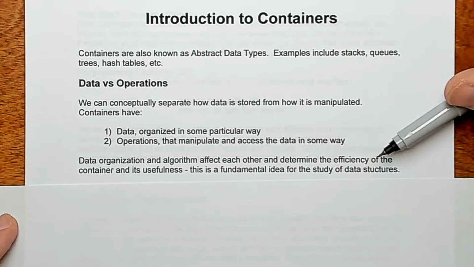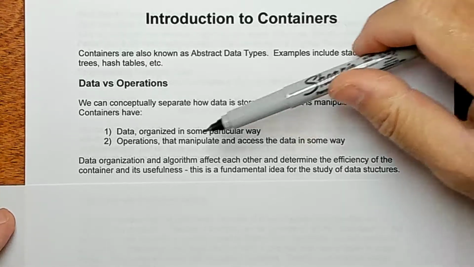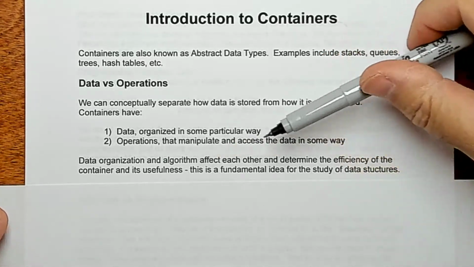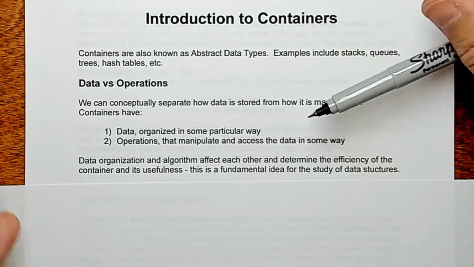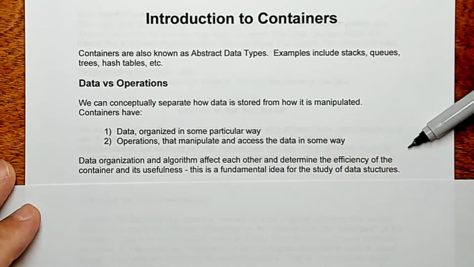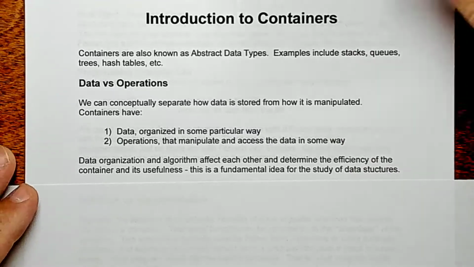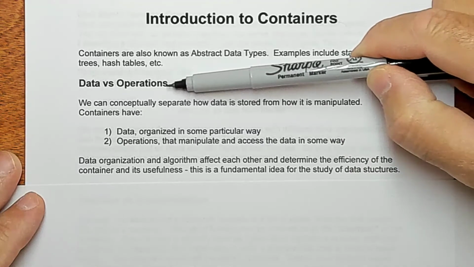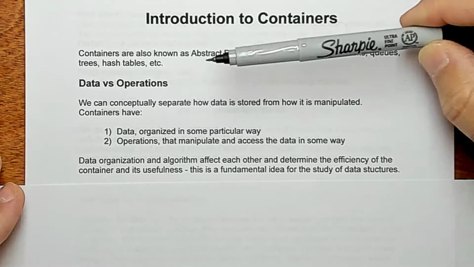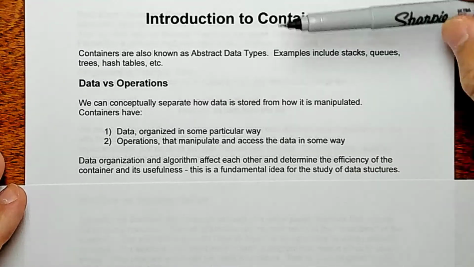All right. So that relationship between data organization and algorithm, and how one affects the other, is a fundamental idea in the study of data structures. Okay. So this separation between data and operations is one way to think about containers.